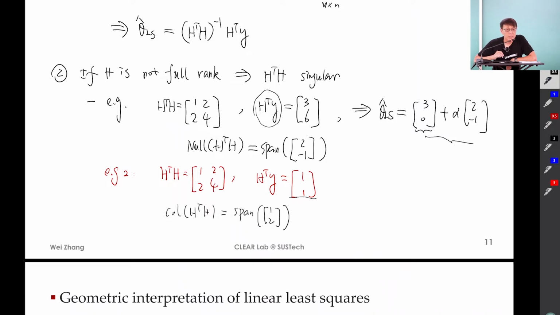So this guy is never possible to be in the span, so there's no solution. Both are possible. If the data somehow agrees with the column space of H, then there are infinitely many solutions. If it's not, there's no solution. But it's not possible to have just one solution, okay?